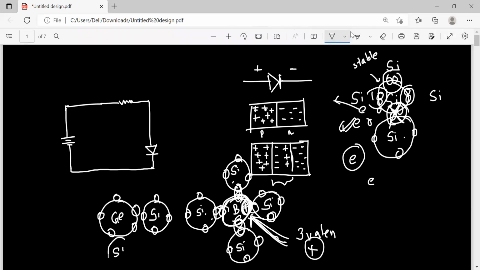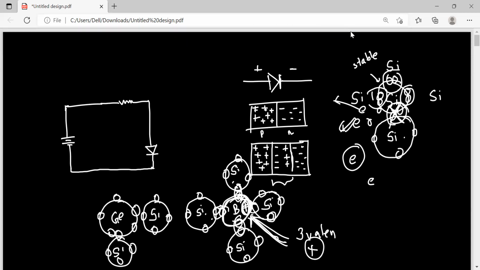So what's going to happen is the same story but with a different charge, which means there is an additional electron which is not having any bond. So that electron can act as a free electron, which means it can go to that surface and conduct electricity.